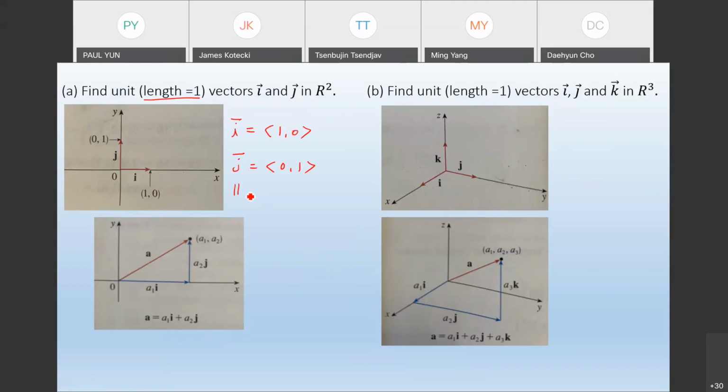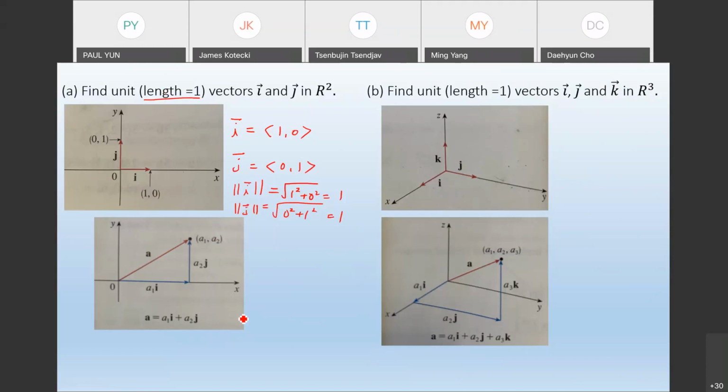Unit means length one. So this is length one, right? J is also one. So we call this a unit vector, I and J. The important thing is a vector.